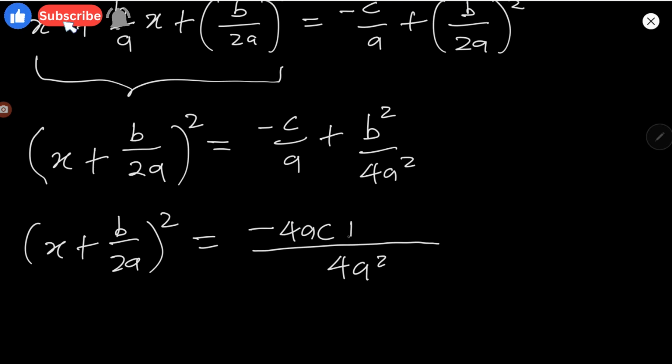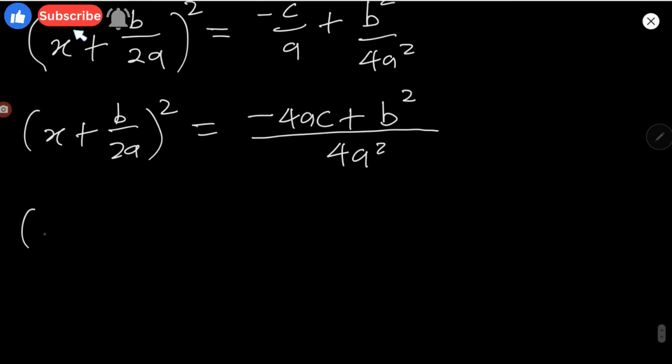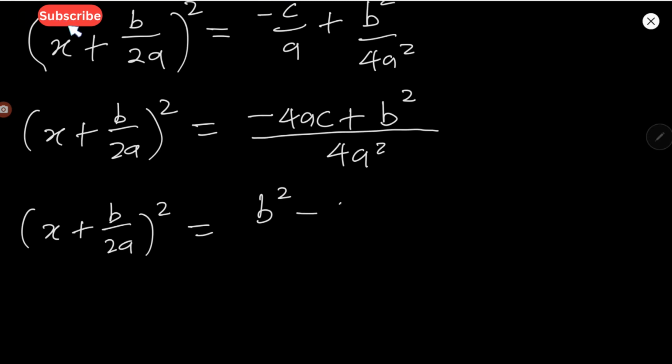Then we add 4a squared into itself, it's 1. 1 times b squared, we're going to have b squared. From there, we will say x plus b over 2a squared is equal to, I can flip this so that it looks a bit familiar. So we have b squared minus 4ac over 4a squared.